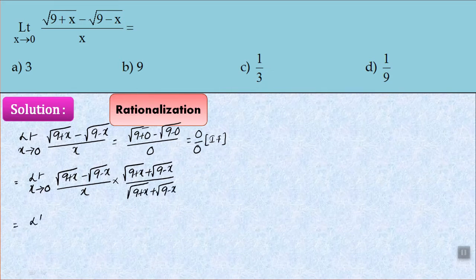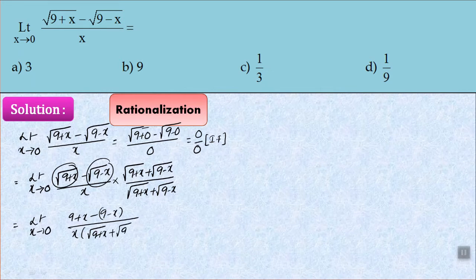Here it is in the form of a minus b into a plus b, so it can be written as a square minus b square. Here a square, that is square root of 9 plus x whole square, is 9 plus x, minus b square, that is square root of 9 minus x whole square, that is 9 minus x, divided by x into square root of 9 plus x plus square root of 9 minus x, is equal to limit x tends to 0.